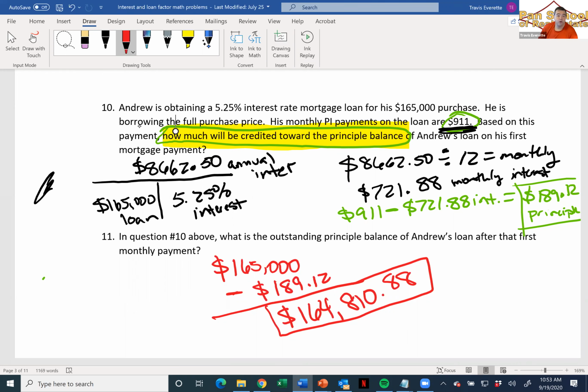So I need to know how much of that $911 is going to get credited toward principal. The only way to figure that is how much is coming out first for the interest. You always got to calculate the interest first. And so it really has to be a concept.